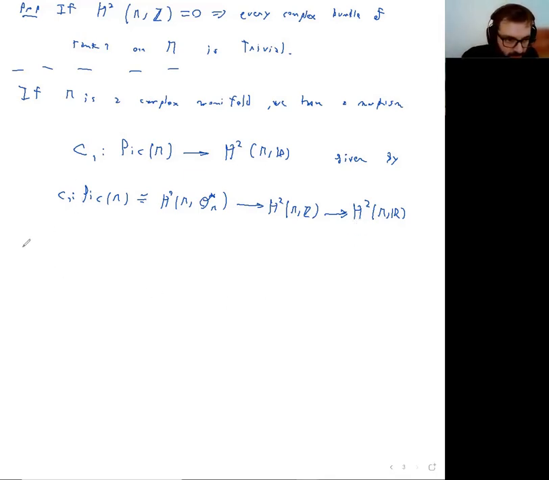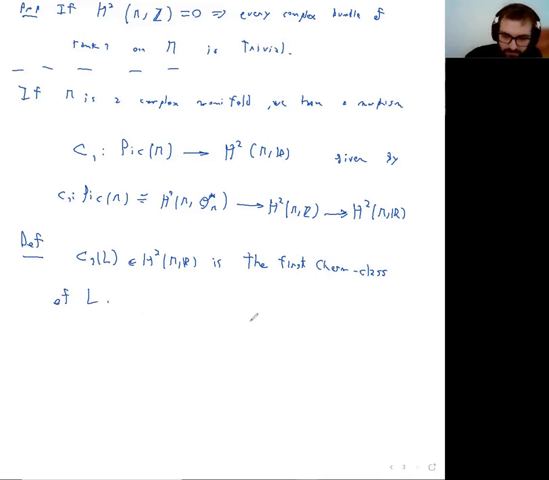And this map is important, and we call it, I mean, given a line bundle, so an element of the Picard group, we see that C1 L, so this is an element here, is the first Chern class of L. And observe that all these were morphisms of groups.